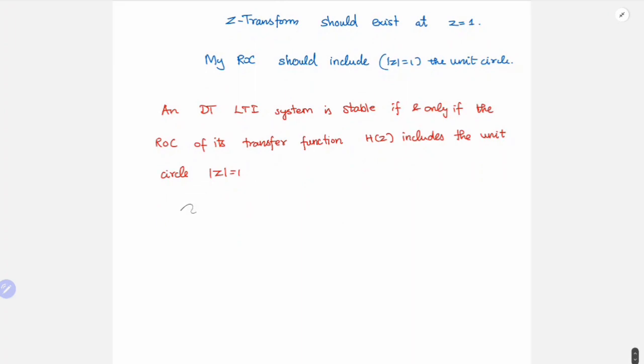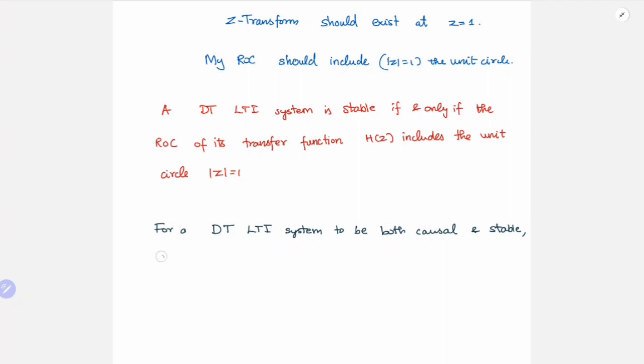So now for a discrete time LTI system to be both causal and stable, we need to apply both the conditions. Your ROC is going to extend to infinity from the outermost pole, and it should also include the unit circle.